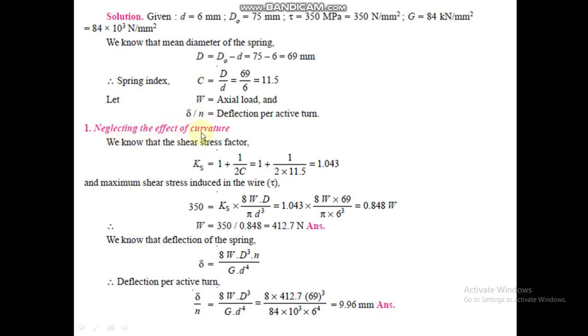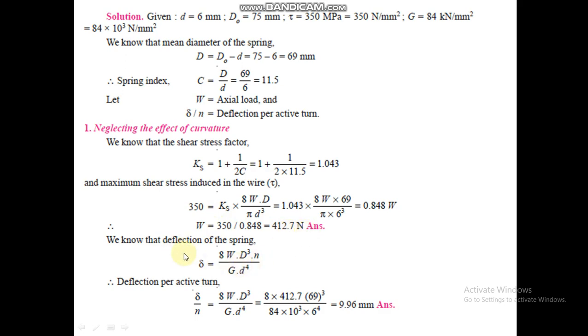Neglecting the curvature effect, first of all we will solve the numerical by neglecting the curvature effect, and we will consider the shear stress factor Ks, 1 plus 1 by 2c. We calculated 1.043, and we apply the formula for shear stress. Tau is equal to Ks 8WD by pi d cube. Put the values and you will get W, 412.7 Newton, as the answer.